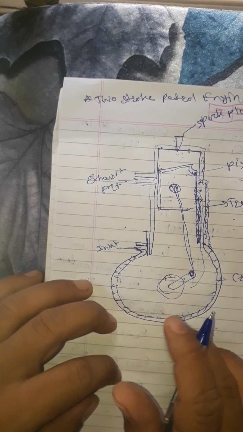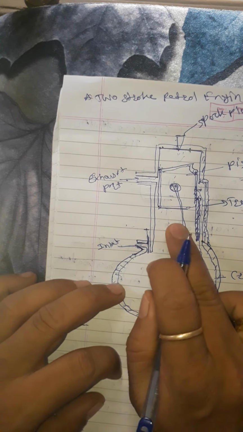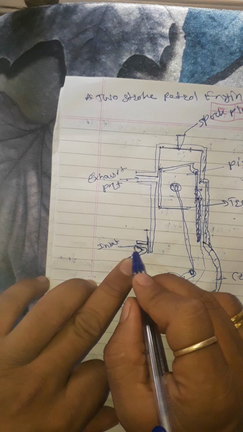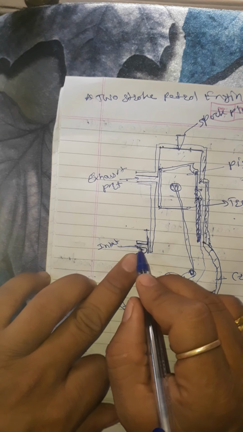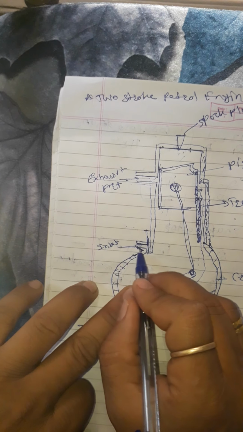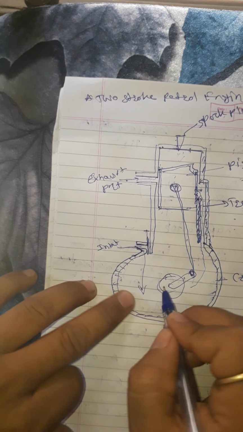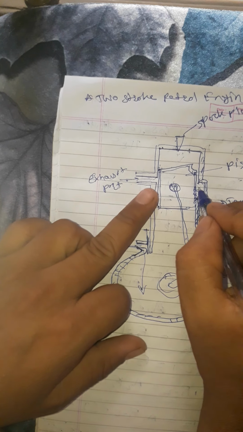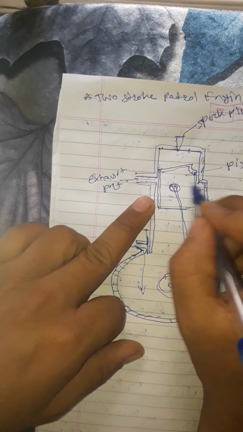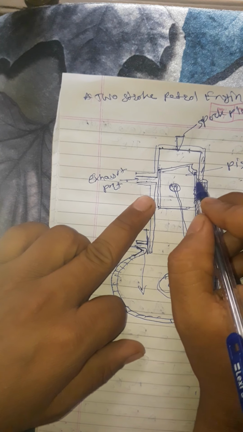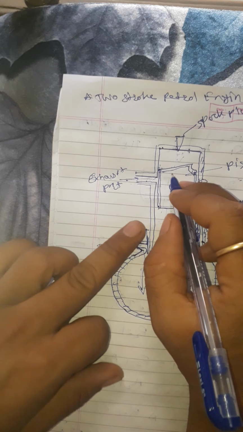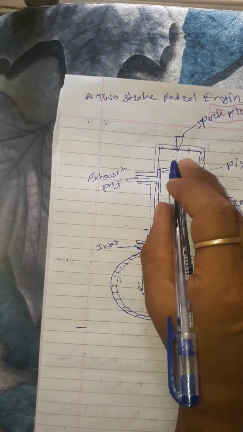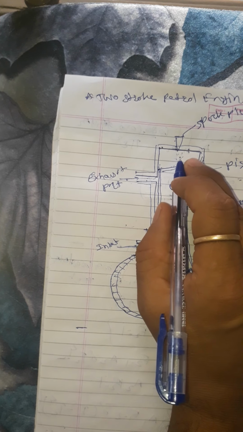Next, the piston moves upward. At this time, the inlet reed valve opens and charge enters the crankcase. Then first these 2 ports are covered and the piston compresses the air-fuel mixture in the combustion chamber.